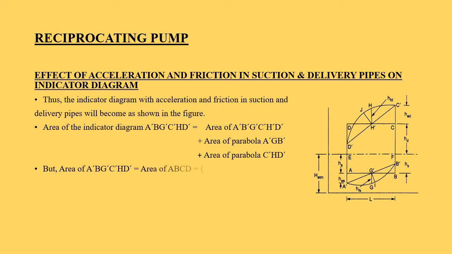But the area of A dash B G dash C dash H D dash is equal to the area of A B C D, so that we can write it as HS plus HT into L, where HS is the suction head, HT is the delivery head.